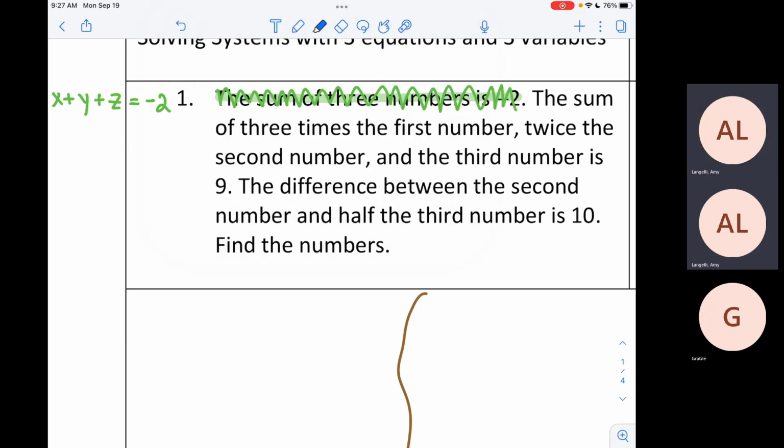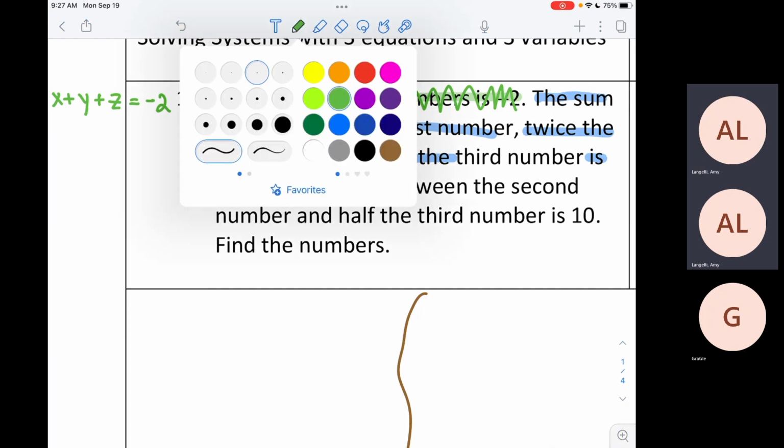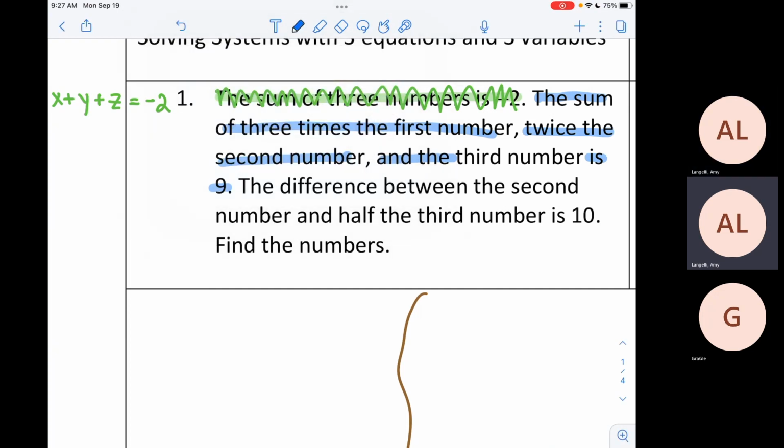How about the sum of 3 times the first, twice the second, and the third is 9? First of all, what does the word sum mean? Addition. So the question is, okay, we got a lot of adding going on. How do I write 3 times the first?